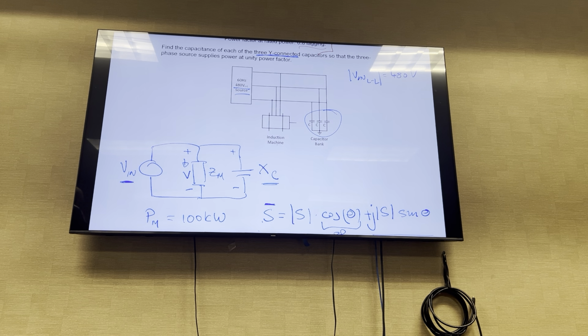Of course, then I can use the phasors down the line if needed. But if I just look at the magnitude of V in, it'll of course be 480 over square root of 3.